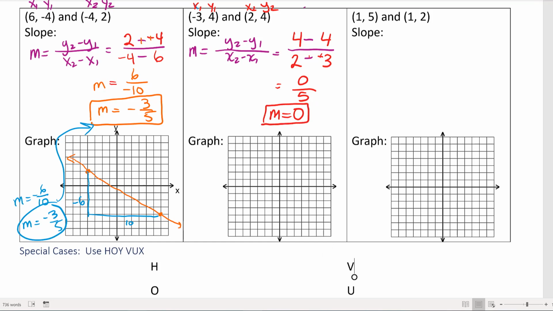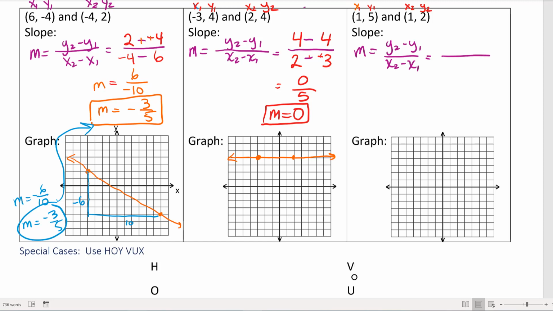If I come back and plot my points, negative 3, 4, and 2, 4, still that's a horizontal line, and my slope is still 0. And our next one, x1, y1, x2, y2, and my slope is y2 minus y1 over x2 minus x1.